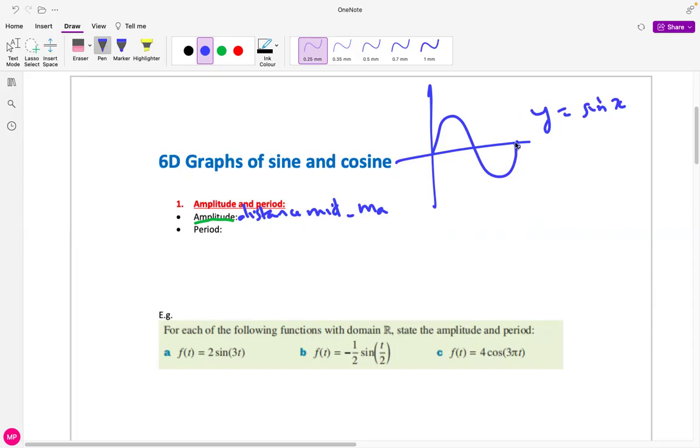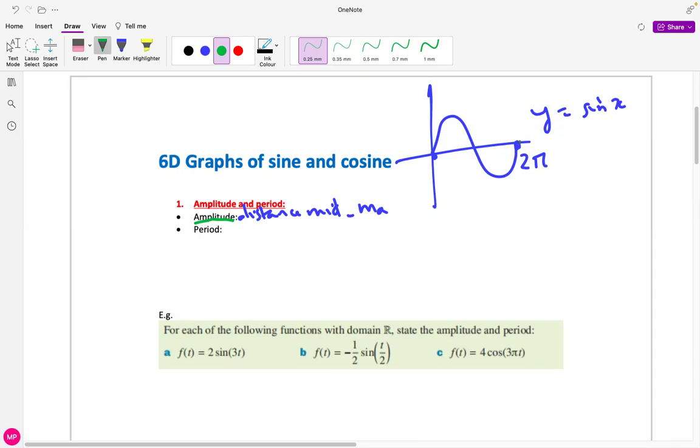And from where it starts here to where it finishes, this is 2 pi. Okay, so we call that a period. A period is the distance between two points where, when you start and you finish, you finish at the same y value as you can see, and you repeat the same cycle. So you have the same pattern every time.